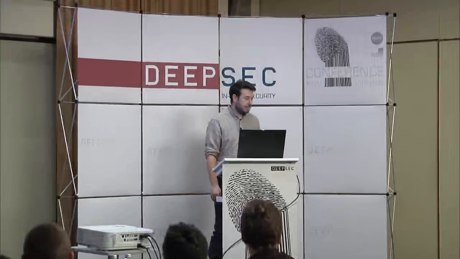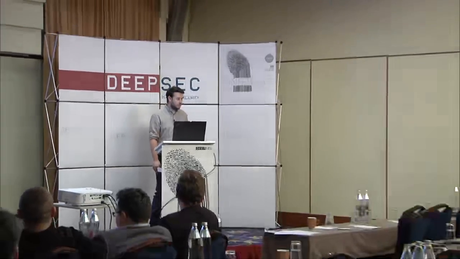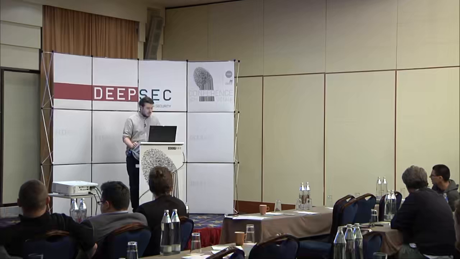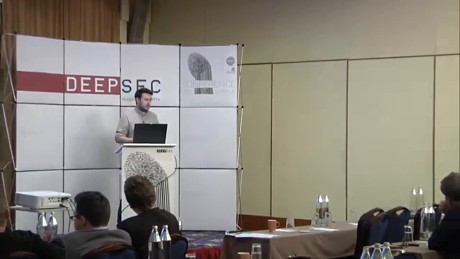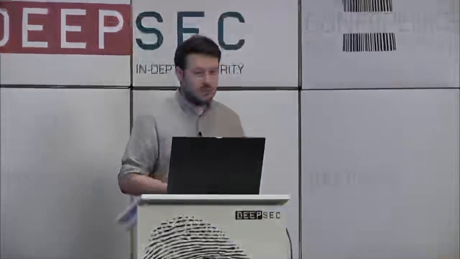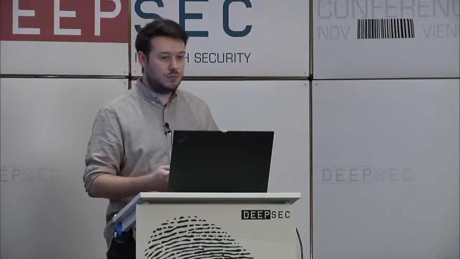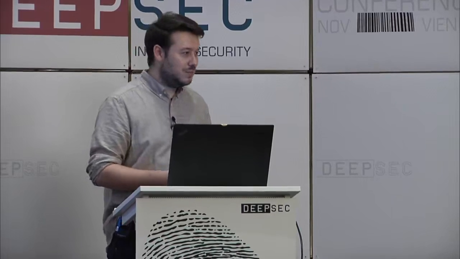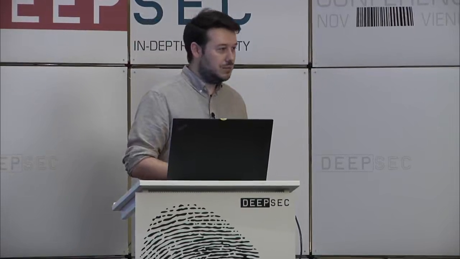Do you have any numbers on the number of bugs you found, how they were distributed amongst different components of Android? Is there any statistics on Android versions, how this changed over the versions? Any concrete numbers, graphs on that? So I haven't done any statistics on the actual number of issues. The project was in the beginning created for system services that correspond to Intel-based devices, so we try to first fix those issues.